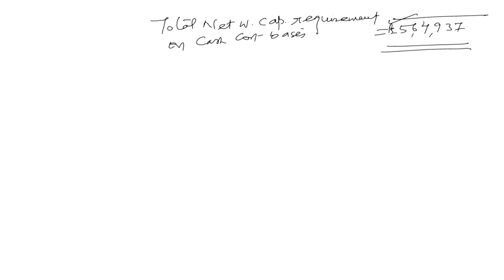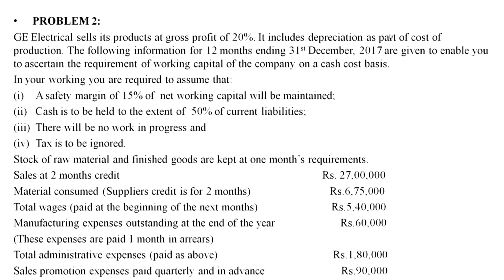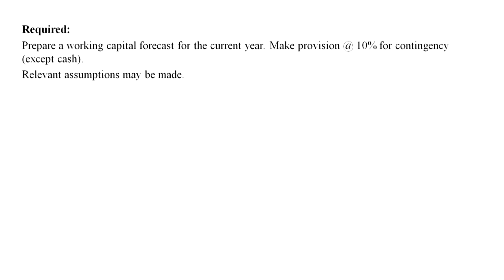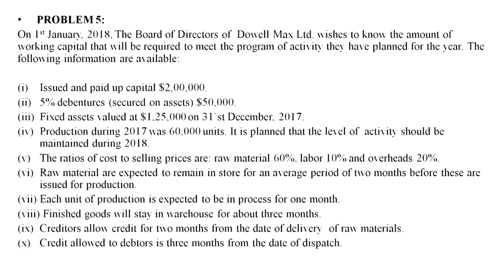Now, after this problem we will move to the next problem, and out of these 5 problems I am moving to the last problem now, problem number 5, and in problem number 5 we will have some additional information. In that problem, number 1, you will have to prepare the working capital statement like what we did in problem number 2.